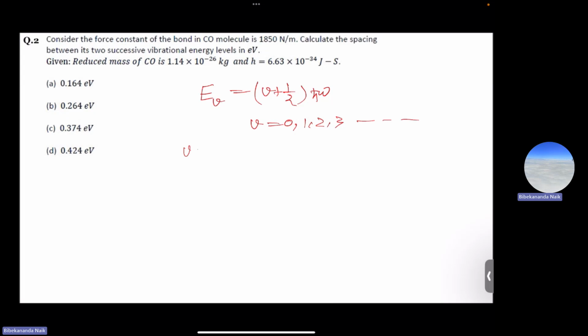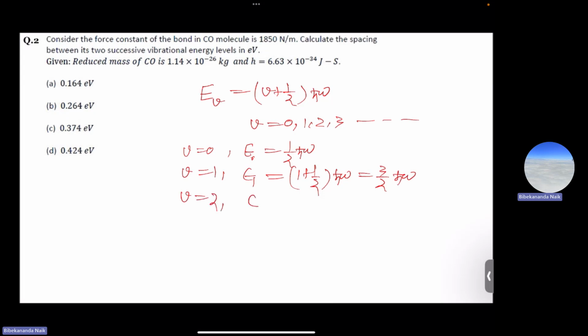So for V equals to 0, we have E0 equals to half h bar omega. V equals to 1, E1 equals to 1 plus half, that is 3 by 2 h bar omega. And for V equals to 2, E2 equals to 5 by 2 h bar omega, like this.